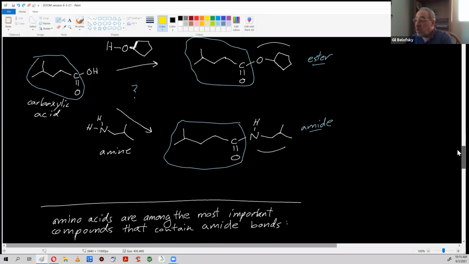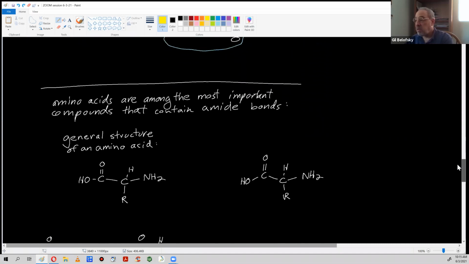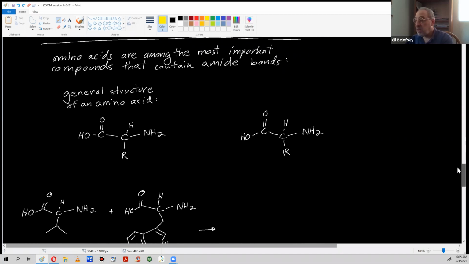So other than penicillin and aspirin, there are really important compounds in nature that contain, in this case, amide bonds. And it's hard to rank the importance, but amino acids are among the most important compounds that have amide bonds. If anybody is going on to Chem 113 biochemistry, you're going to see a lot of amino acids, and probably some of the same chemistry.